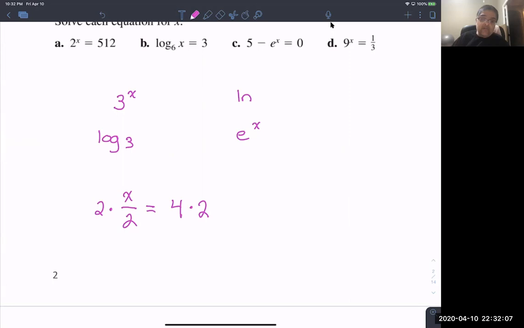And in order to find x, you had to do the inverse of division, which in this case is multiplication. And in that same theory, we're going to use the inverse relationships of exponents and logarithms to find the solution.